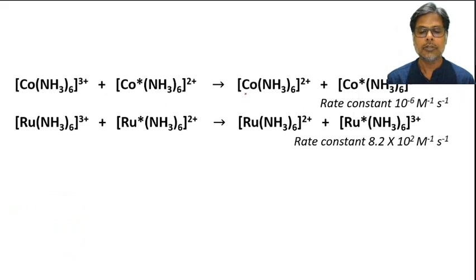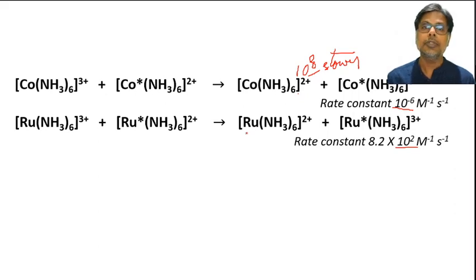The reaction of the cobalt couple is 10 to the power of 8 times slower. Take a look at these rate constants, 10 to the minus 6 and 10 squared. So that is basically 10 to the power of 8 times slower. The cobalt couple is slower than the ruthenium couple. And then why?